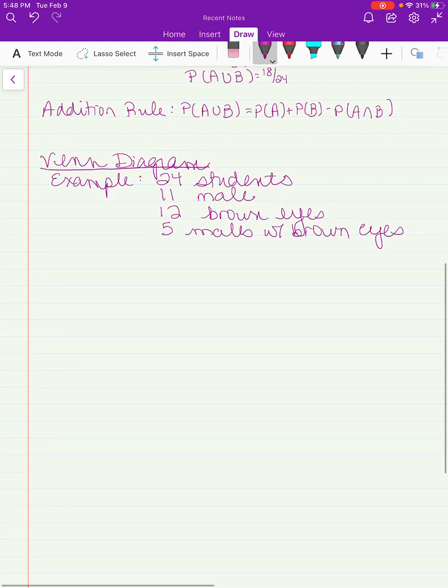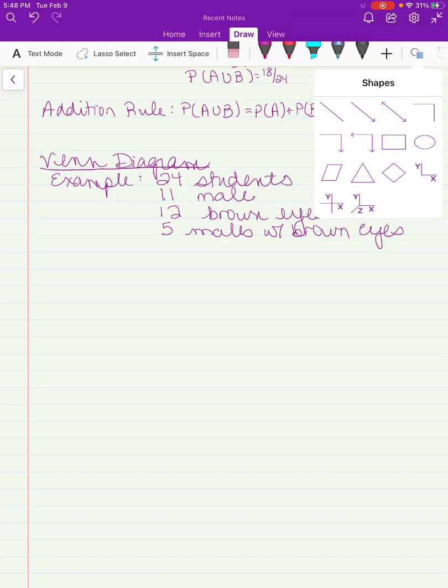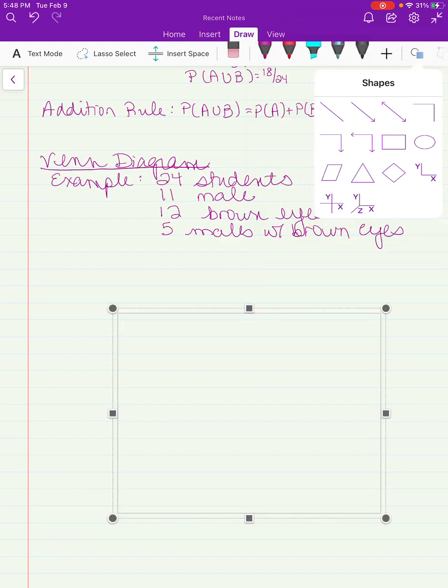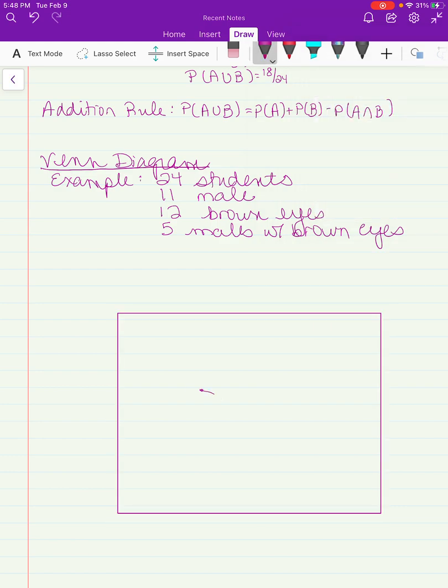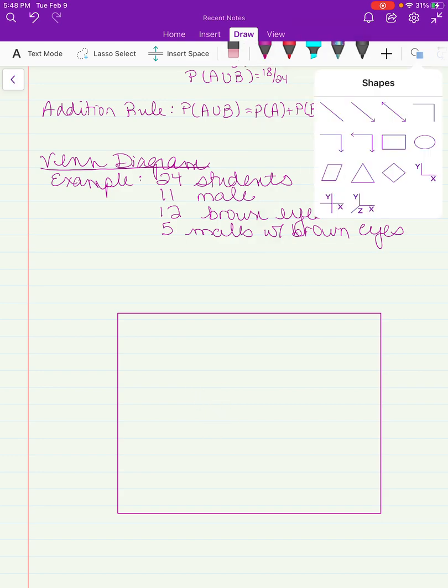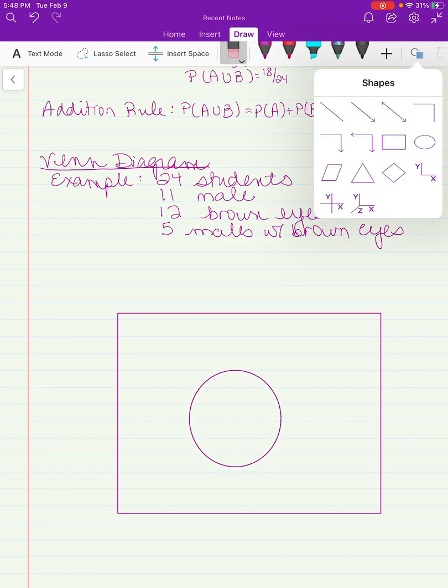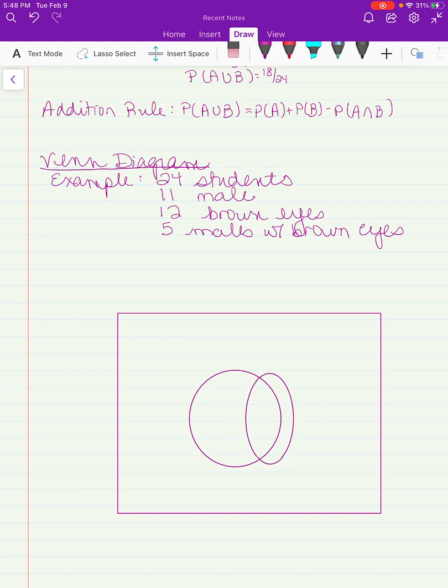Hopefully, if I say the word Venn diagram, you know what I'm talking about. And that is that you've got a box. And then inside the box, you have events. And our events are represented by circles.